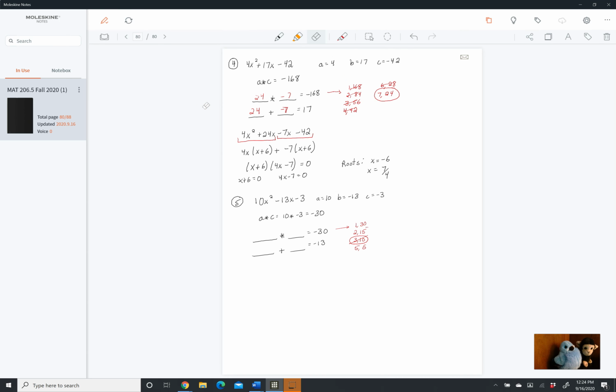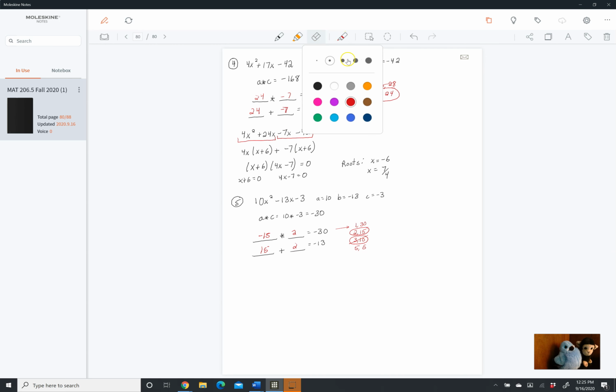So we have 3 and 10, so it's actually 2 and 15. So we would get a negative 15 and a positive 2. Okay, that's what we actually get.